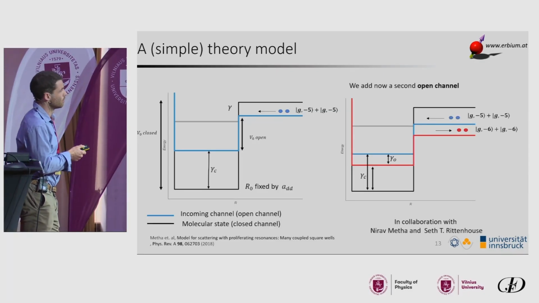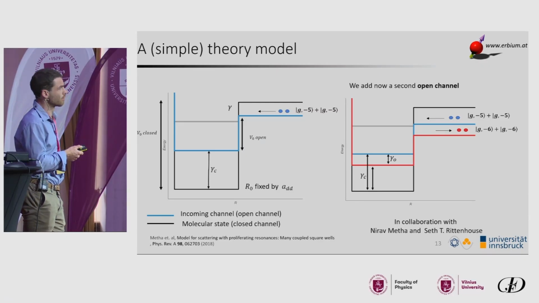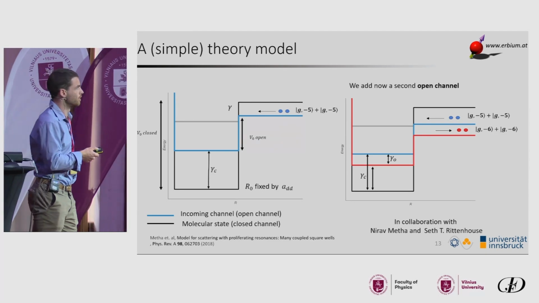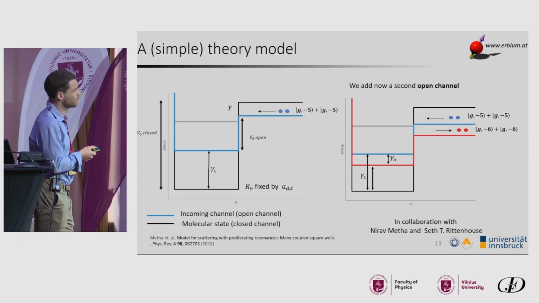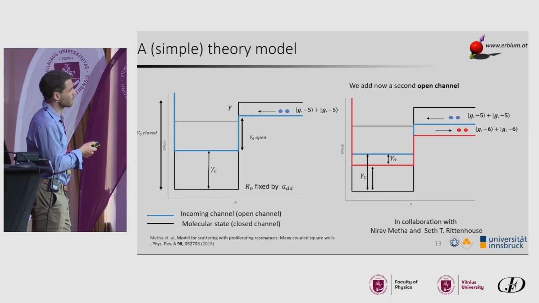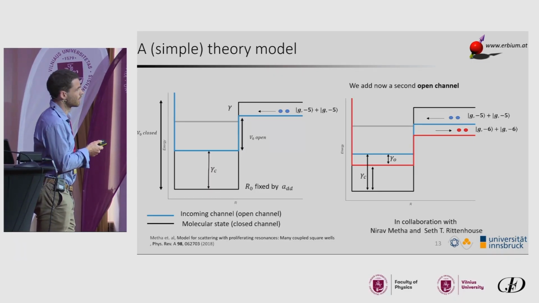But now imagine, I told you, the atoms naturally want to go back to the ground state. So if you start from -5, they naturally want to go back to -6. This is symbolized here in this coupling, this gamma 0. And then there are two paths they can decay. First, they can naturally decay from -5 to -6.